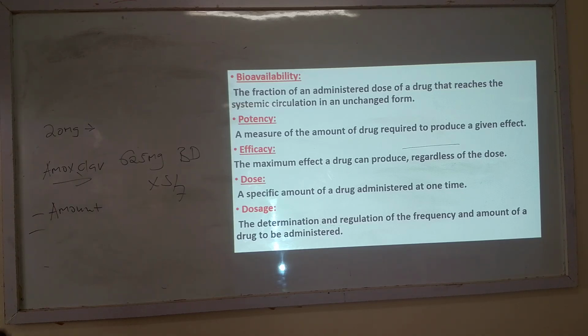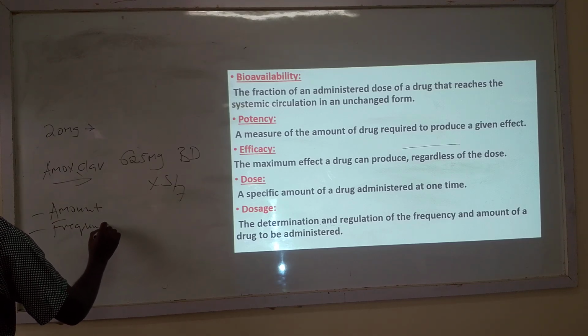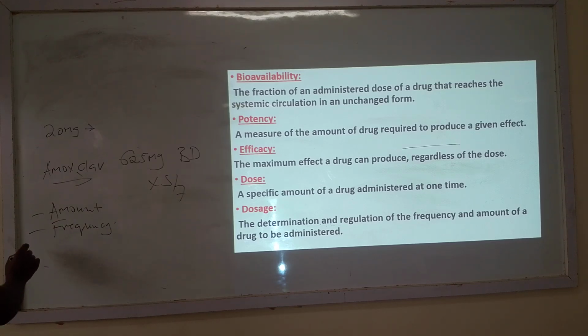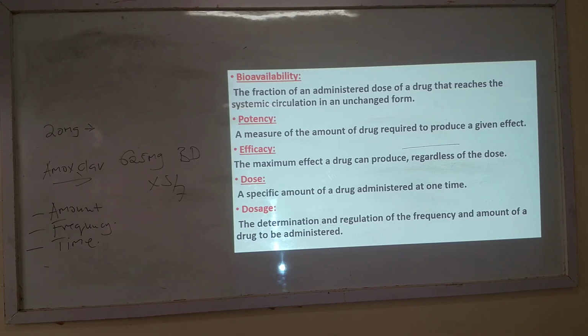It is also able to show you the frequency at which you are going to take that medication. It also shows you how long that medication is supposed to be used. So that's the difference between dose and dosage.